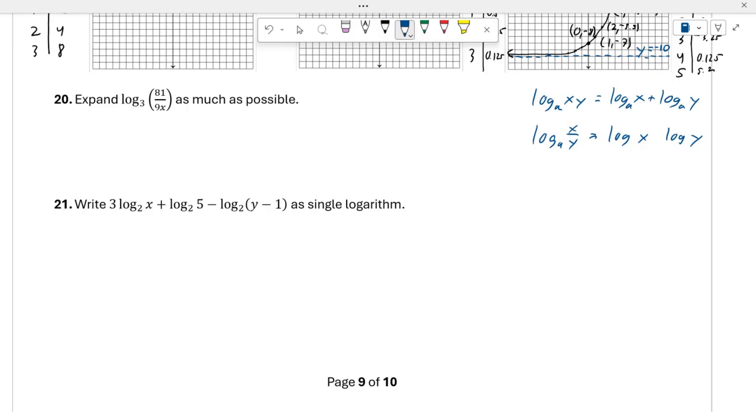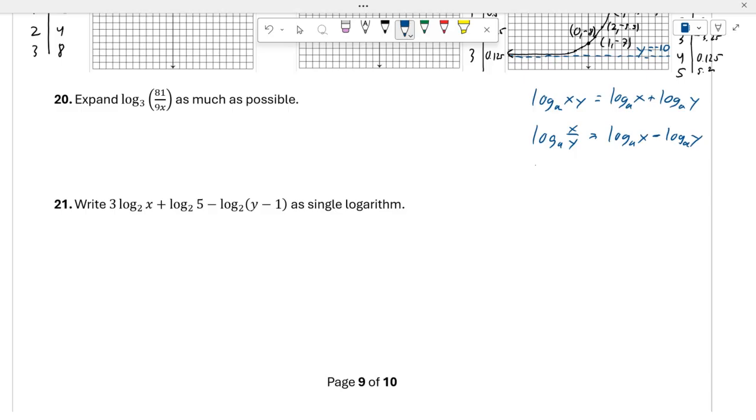So when you have the log of a quotient, which is the result of division, x over y, base a, you can split that up into two other logarithms, same base, but this time you're going to subtract the logarithms. The log of a quotient is equal to the difference, the result of subtraction, of the logarithms of the numerator and the denominator.